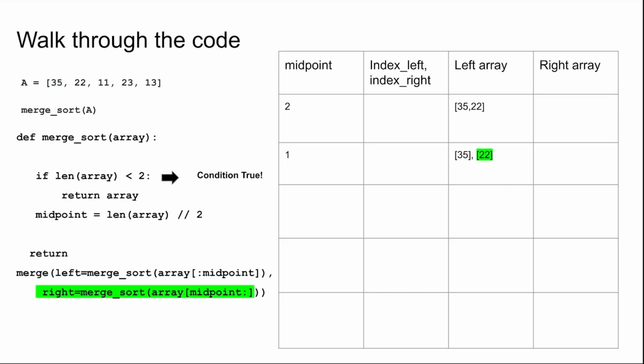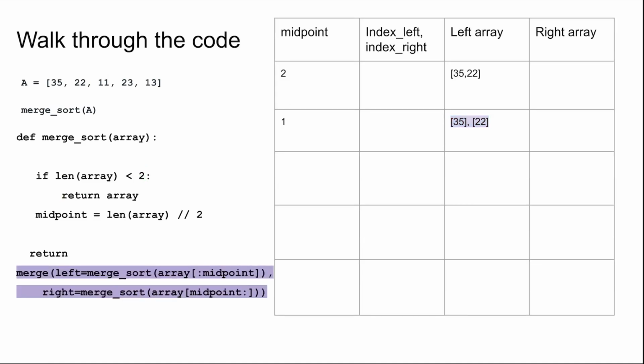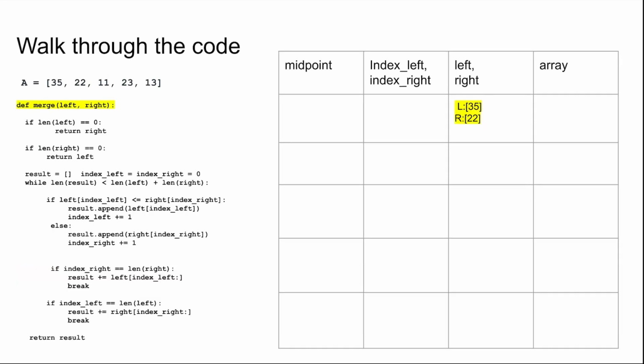And then it's going to proceed to the next merge sort call, which is the right part, and 22 is returned in this case. So now we have both the left and the right part, and now we're going to call the merge function. What the merge function does is basically sort the elements into ascending order.